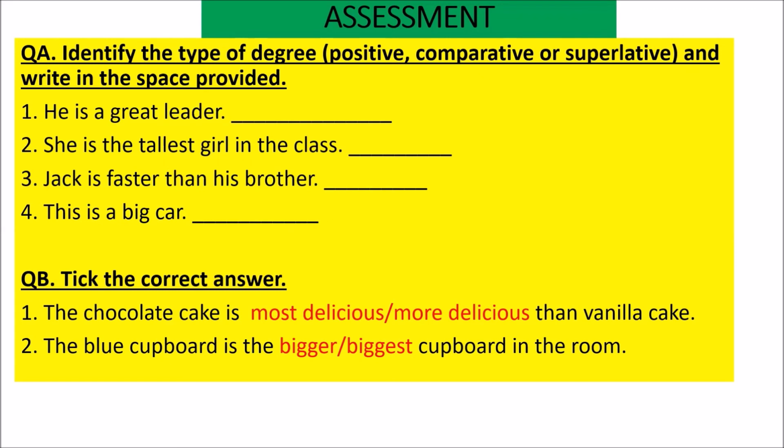It's up to you. However you want to do it, just do it. The chocolate cake is most delicious or more delicious than vanilla cake. Whatever answer you think is right, you need to mark it. The blue cupboard is the bigger or biggest cupboard in the room. So this is your assessment. Once you are done, just mention in the comment that you have done it.